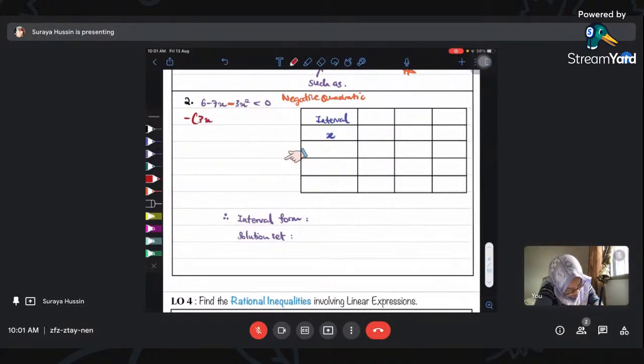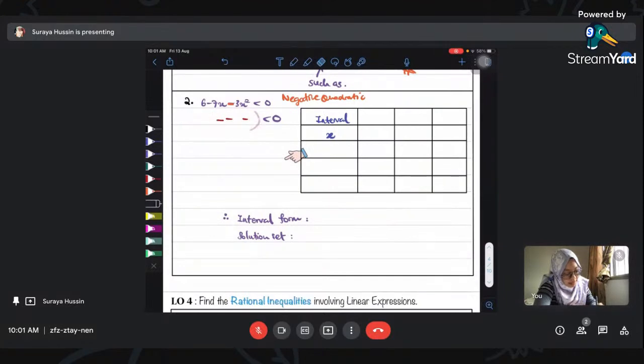So you akan dapat 3x squared positive 7x negative 6 less than 0. Positive 6. Yeah. So that is what you will get, right?